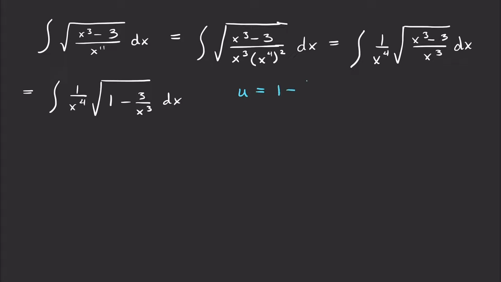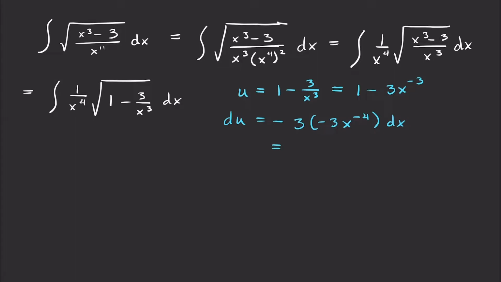So u equals 1 minus 3 over x cubed, and our du, so maybe I'll write this in a way that makes it easier to take the derivative, so 1 minus 3 x to the minus 3. So our derivative is going to be minus 3, then we'll bring down our exponent, minus 3 x to the minus 4 times dx.